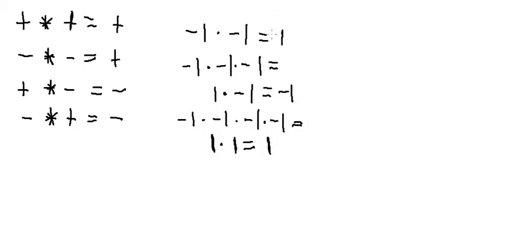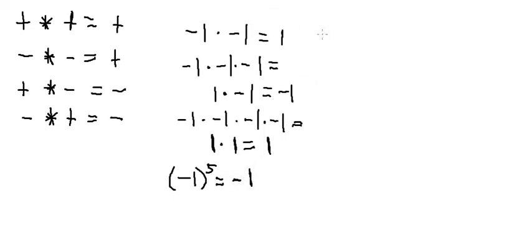So if we have 2, we get a positive. If we have 3 of them, we get a negative. If we have 4 of them, we get a positive. And I don't want to write all these out, so I'm going to use this form. This 5 means negative 1 times itself 5 times, which would end up being a negative.